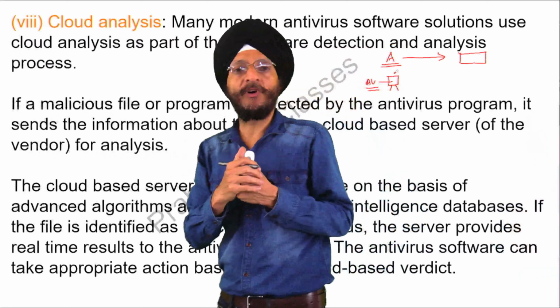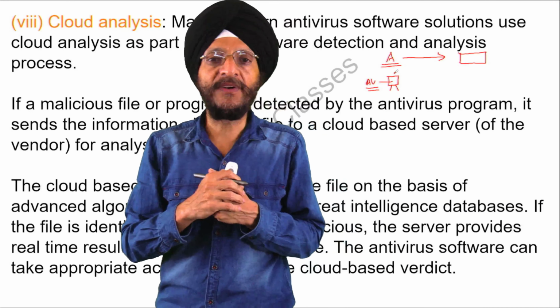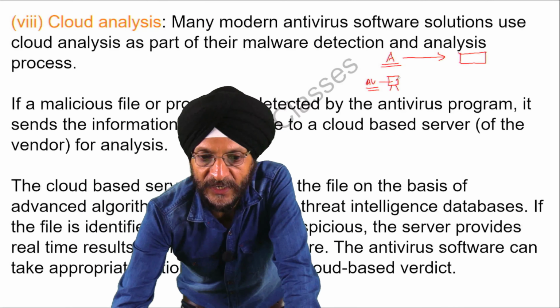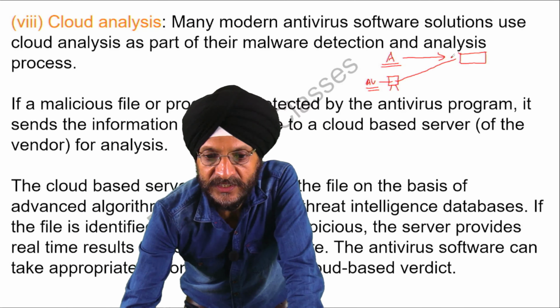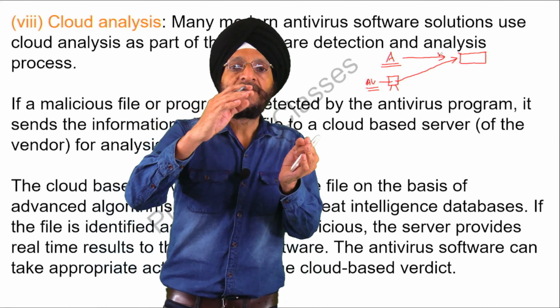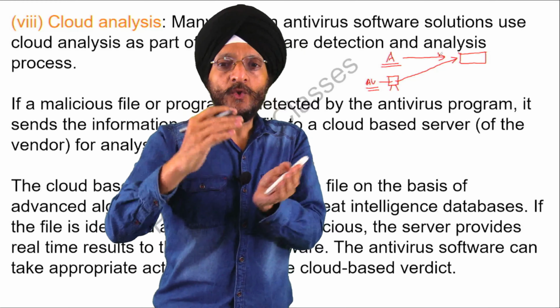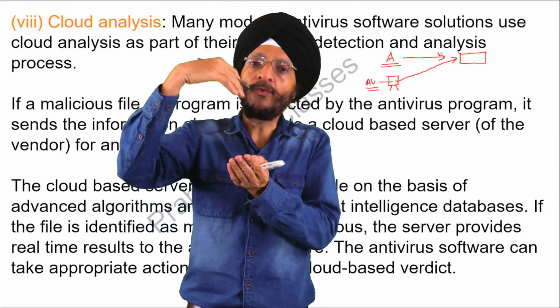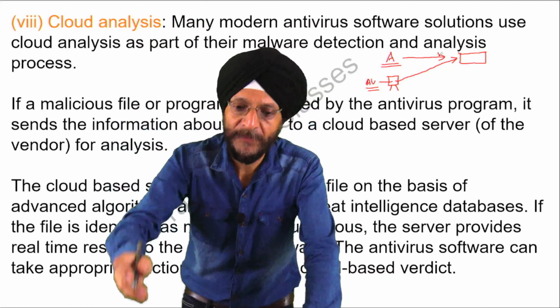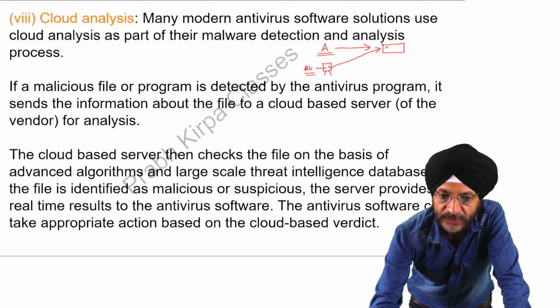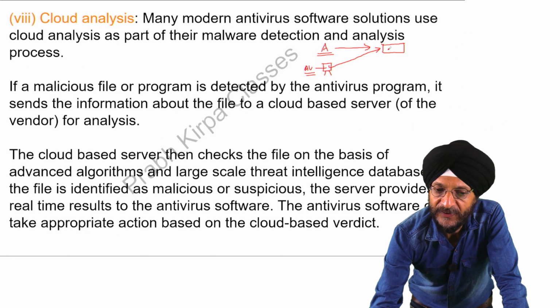The antivirus software will send the information about that malicious or suspicious file to the server of the vendor or the company to which this software belongs, the server which is maintained by that company.